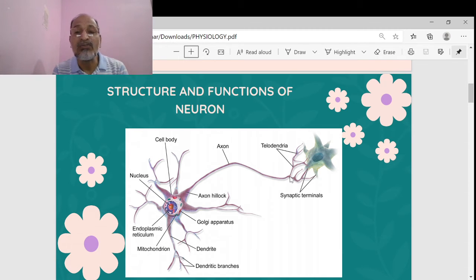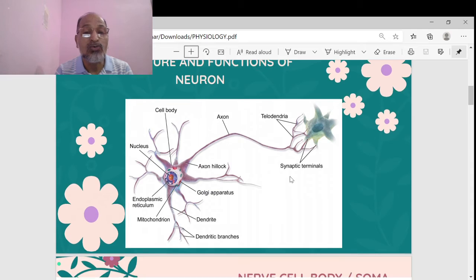The branches of the axon are called the telodendria. From the other side of the soma, you have the dendrites, with dendritic branches, and they are the receiving ends of the neuron, while the axon has the transmitting function. This is how a typical neuron looks.